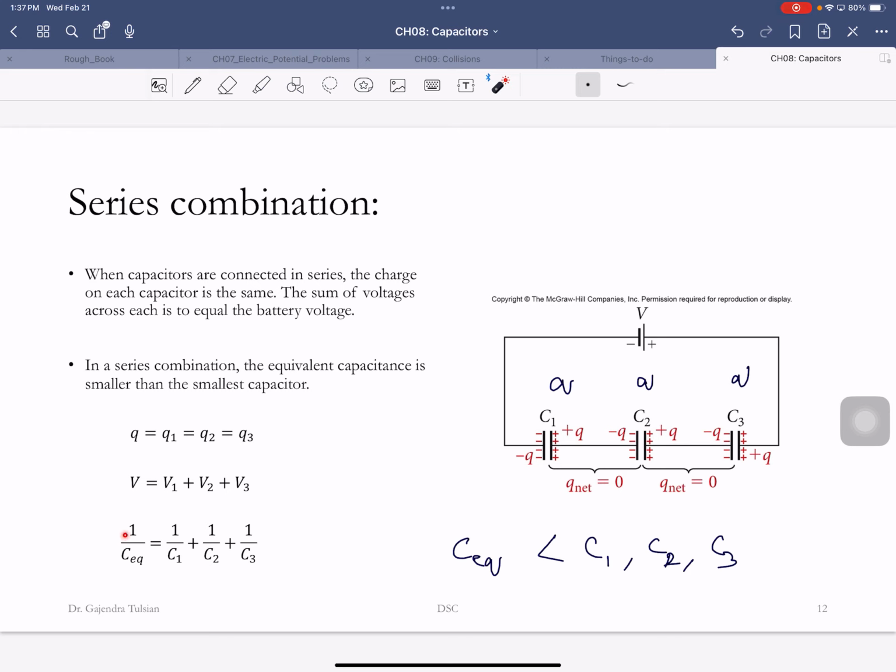And the equivalent capacitance is: 1 over the equivalent capacitance is 1 over C1 plus 1 over C2 plus 1 over C3. And it turns out that the equivalent capacitance is smaller than the smallest one.